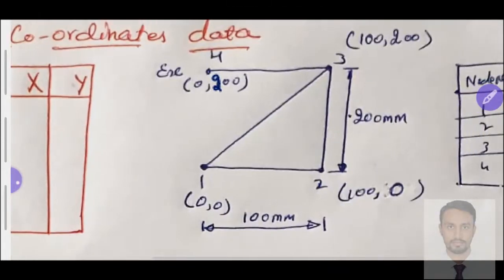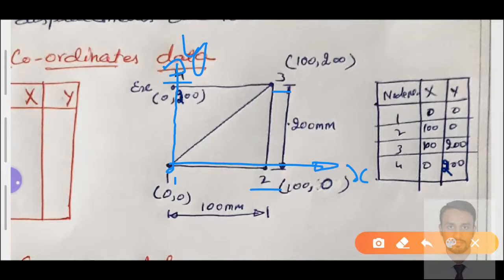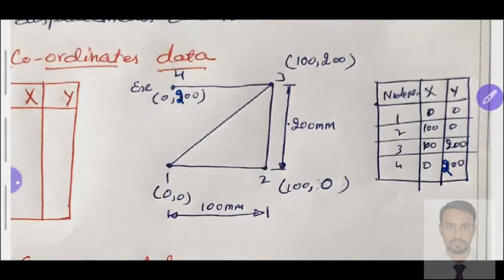Now I'll consider an example, a 4 bar truss element. I'll represent it on the x and y axes. I will call these node number 1, node number 2, node number 3 and node number 4 based on our assumptions. Then I will check which is the origin.